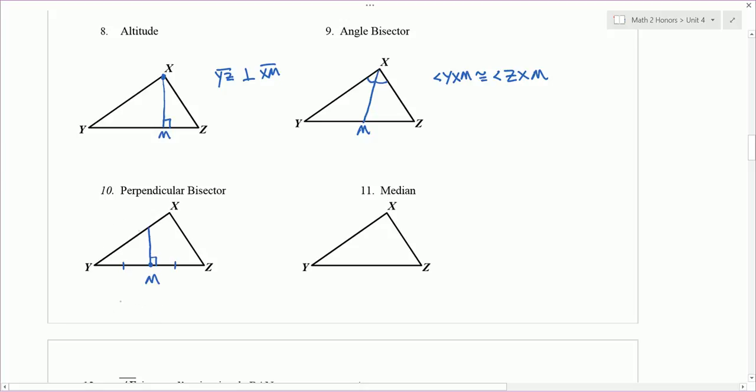So in this picture we have that YM is congruent to MZ, because M is the midpoint, and we also have that YZ and MN are perpendicular.